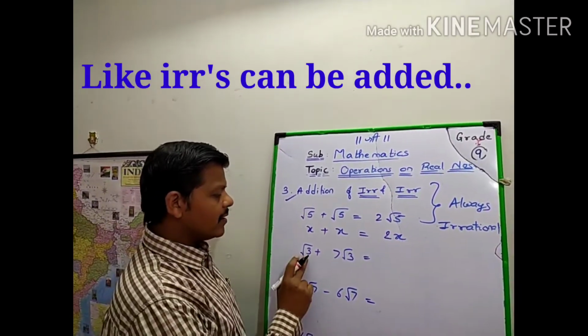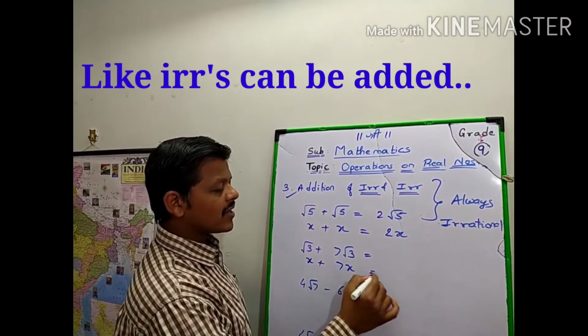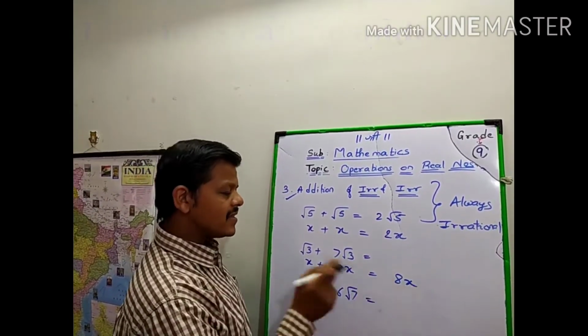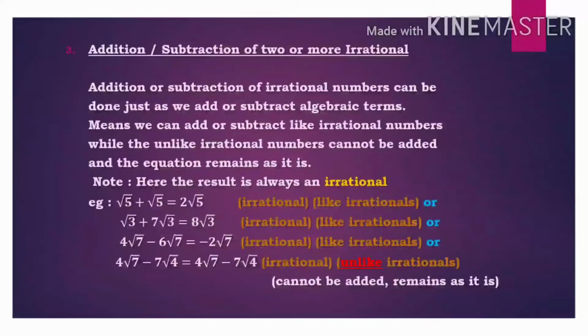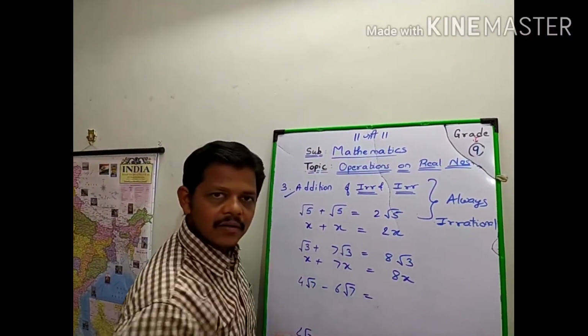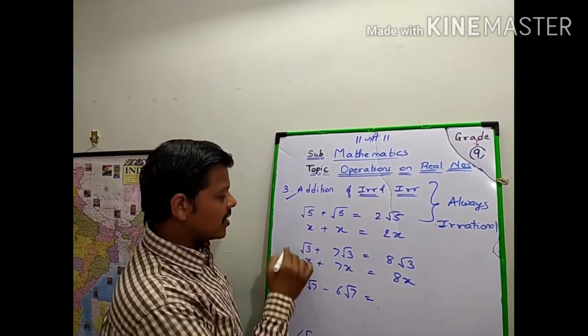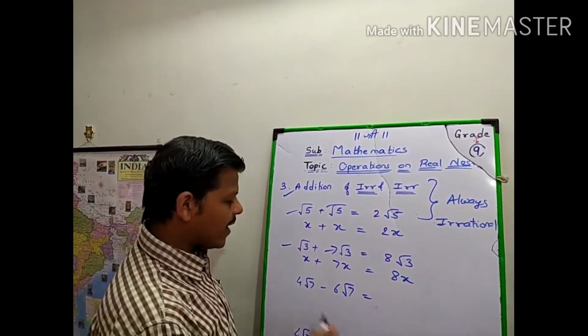Correct? x plus 7x, what was the answer? 8x. Similarly, 1 time root 3 plus 7 times root 3 is going to give me 8 times root 3. Are we understanding? So like terms, like irrationals can be added or subtracted.